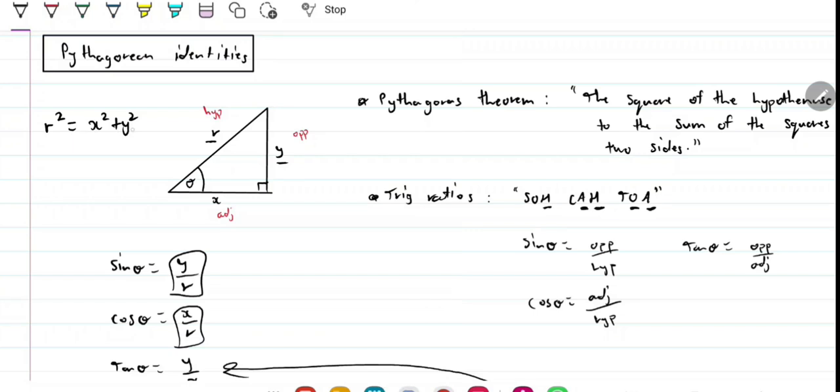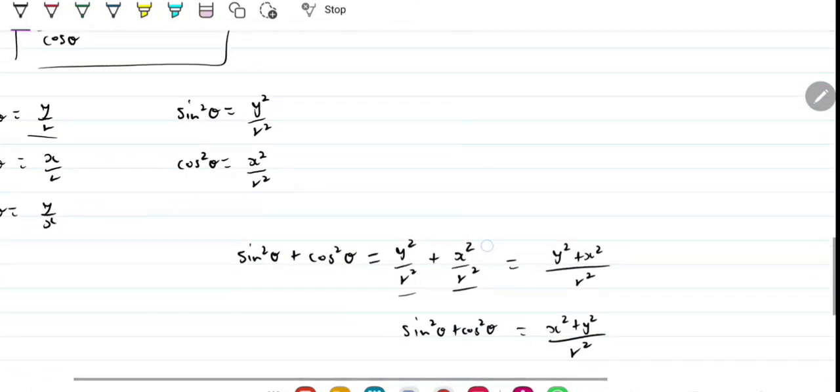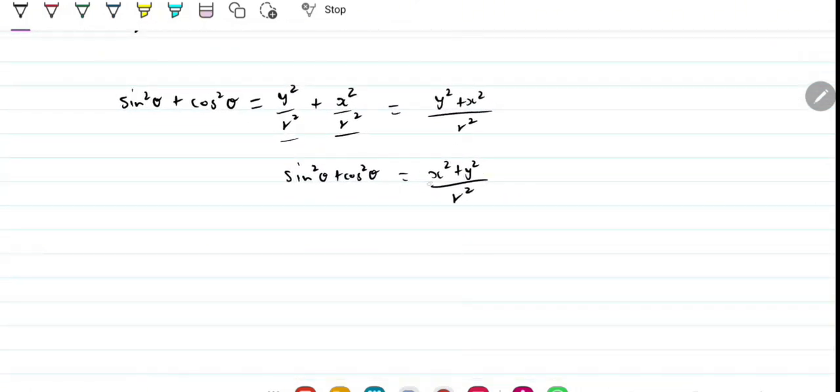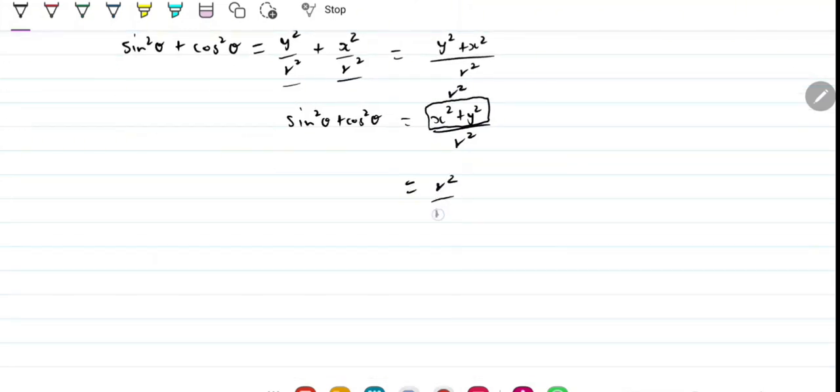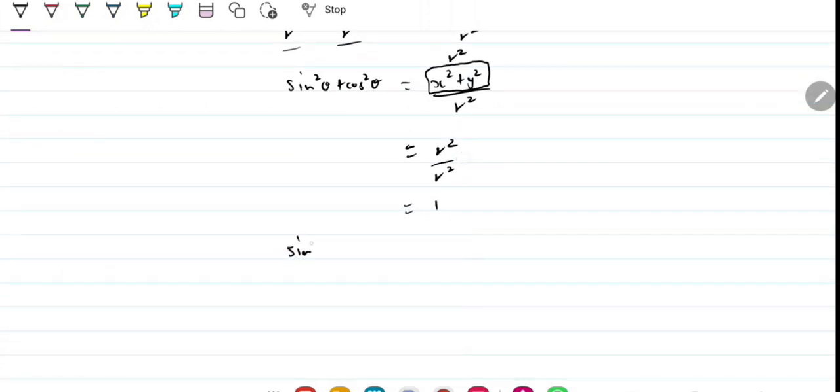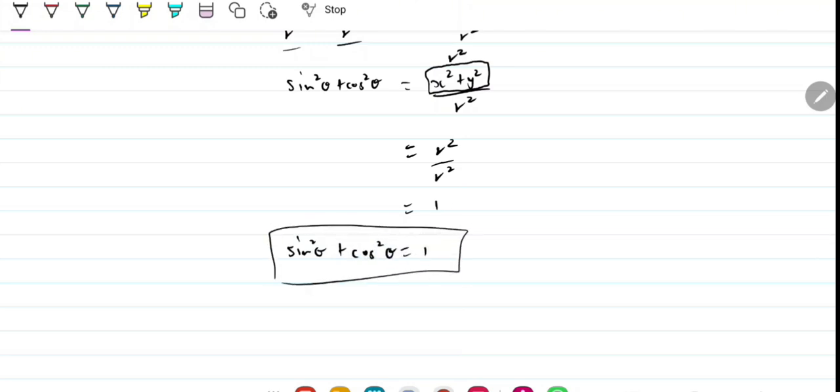And going back down here, this x squared plus y squared can be replaced with r squared. So r squared over r squared is equal to 1. So it means that sine squared theta plus cos squared theta is equal to 1. That's something you have to remember.